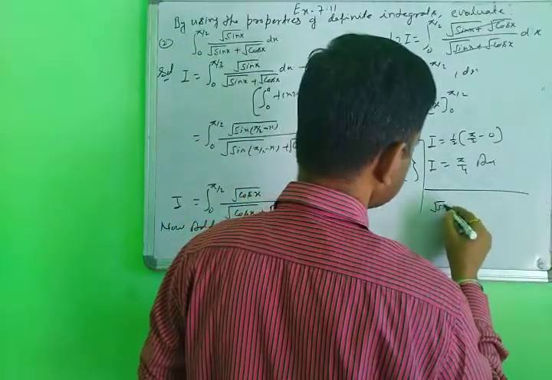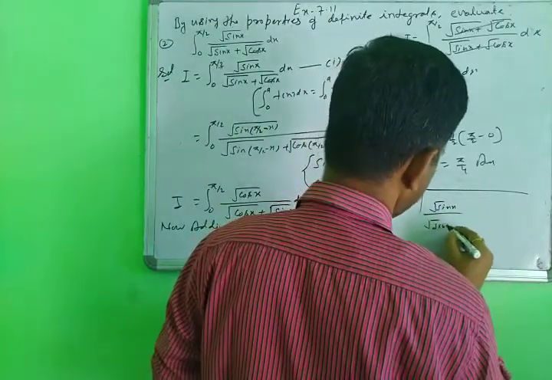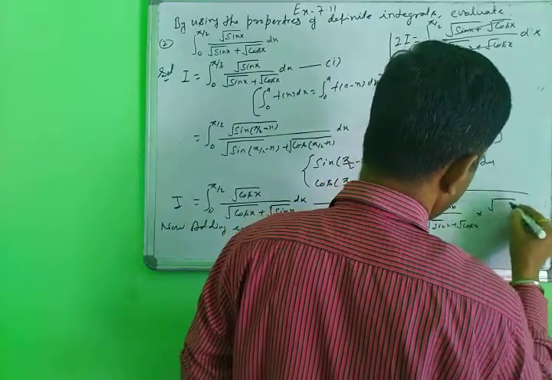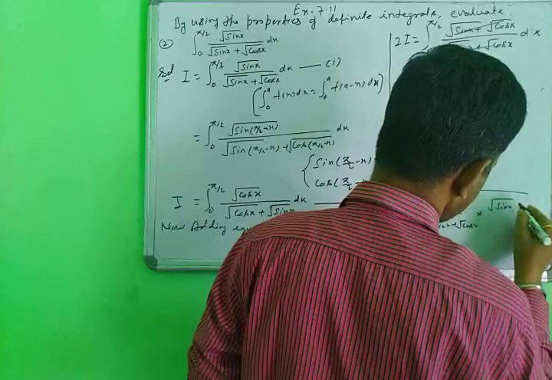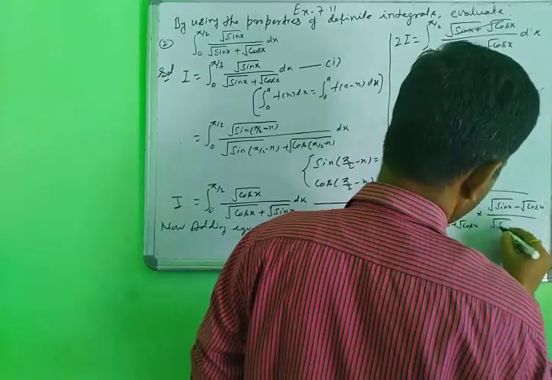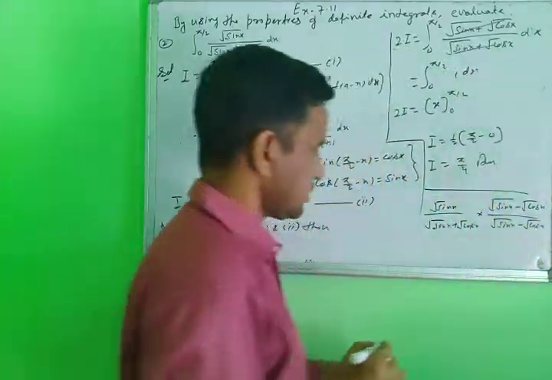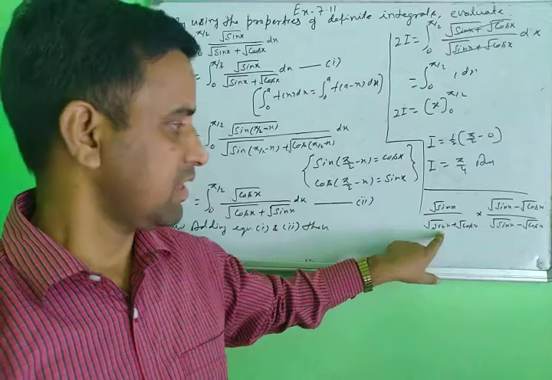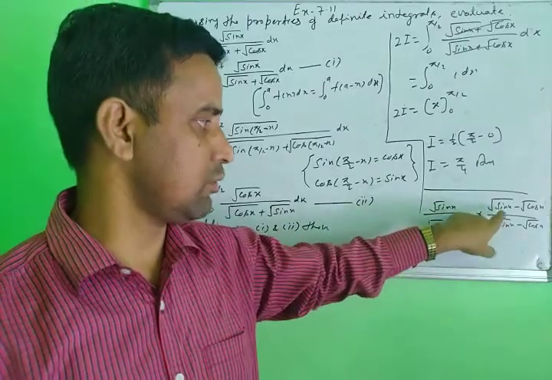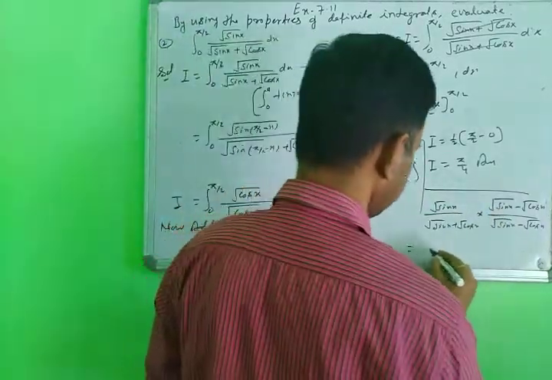Root sin x upon (root sin x plus root cos x), multiply by (root sin x minus root cos x) upon (root sin x minus root cos x). What is the conjugate of root sin x plus root cos x? You multiply and divide by it.